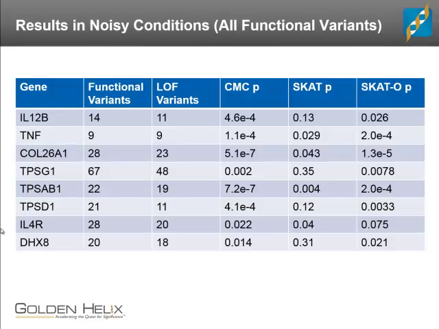This gene, in SKAT-O, when it just had the basic simulated loss of function variants, it was 10 to the minus 10th. Here it drops down to much, much lower significance.